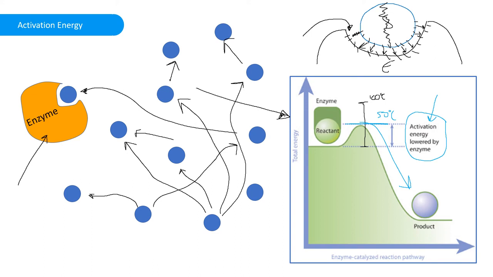The result of that is that chemical reactions occur much quicker, and more efficiently because we have to put less energy in, and that is how the structure of an enzyme results in its function.